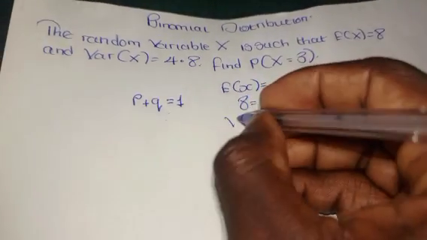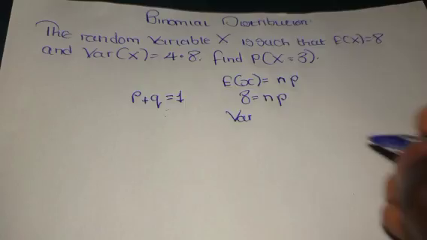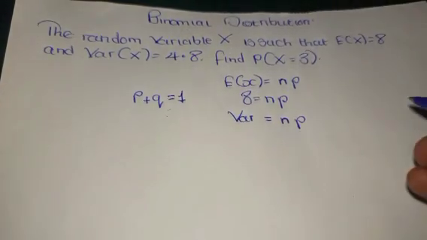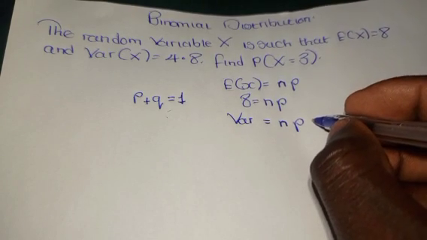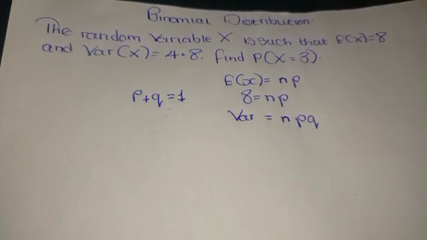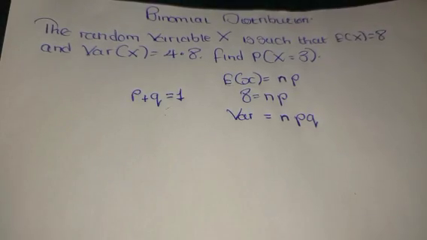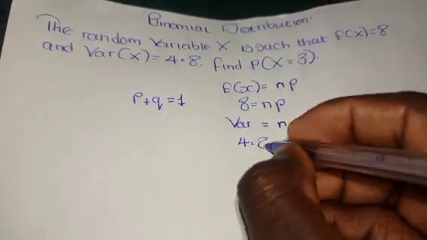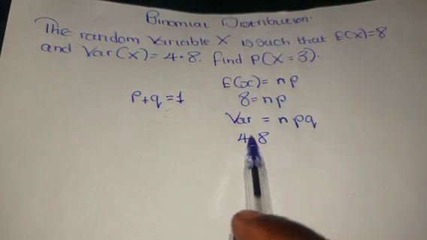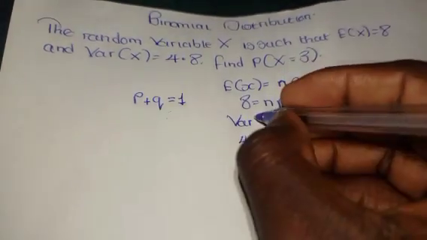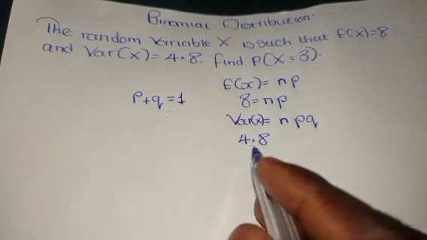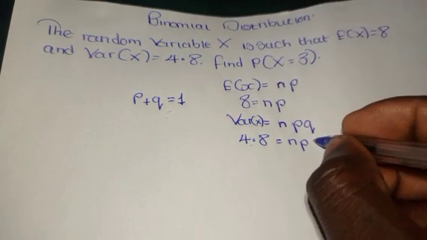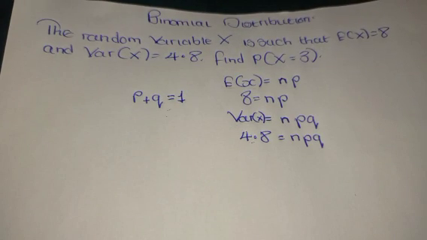Then, to calculate the variance, we said that the variance is equal to n multiplied by p times q, the probability of failure. They have told you that the variance is 4.8, so we replace the variance of x with 4.8, and we have n p q.